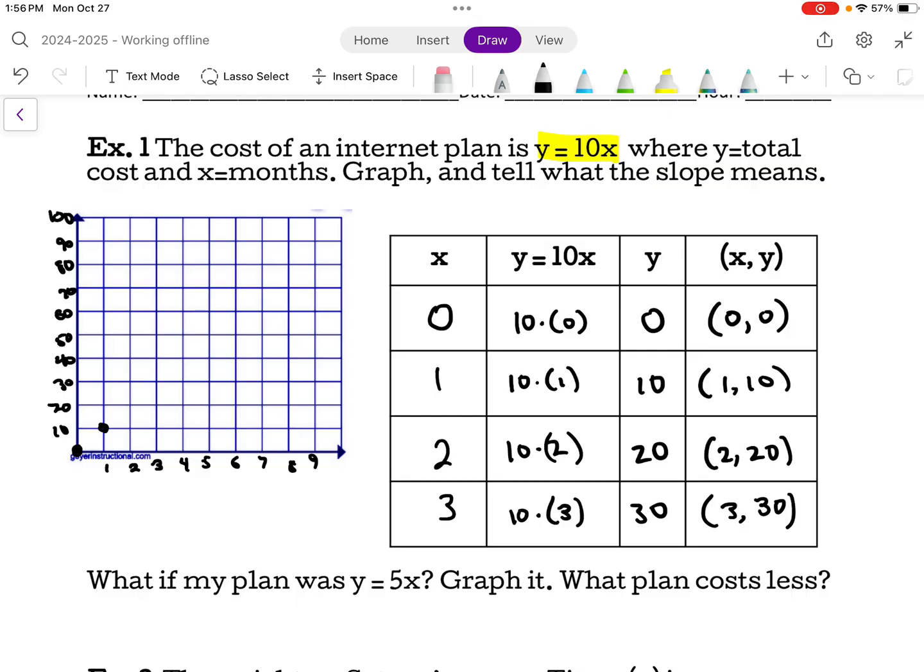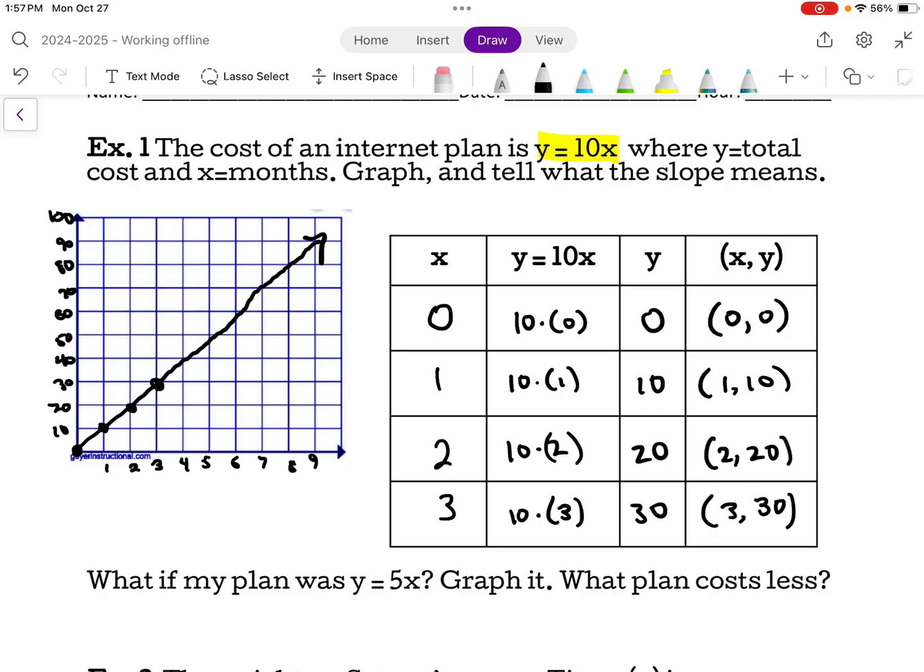And so 1, 10 would be right here, 2, 20, and then 3, 30. And then if I extend this in that direction, that would be that line.